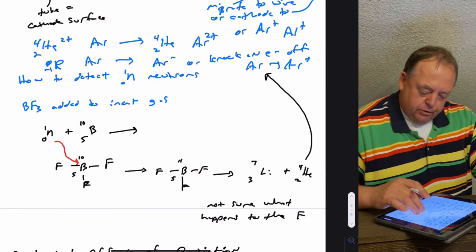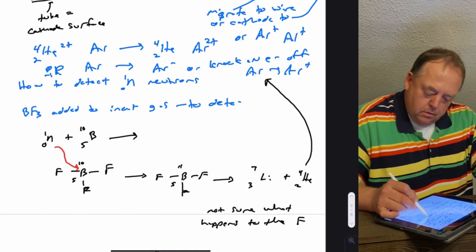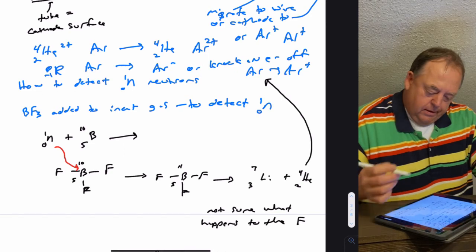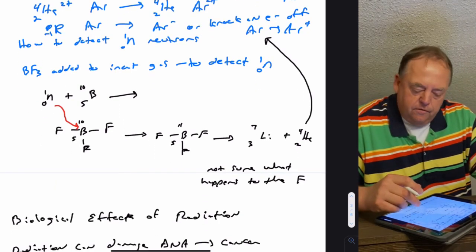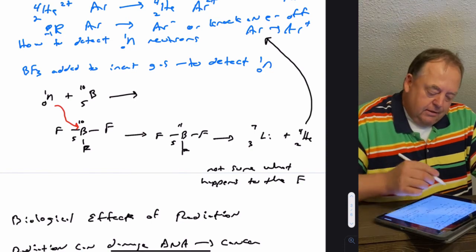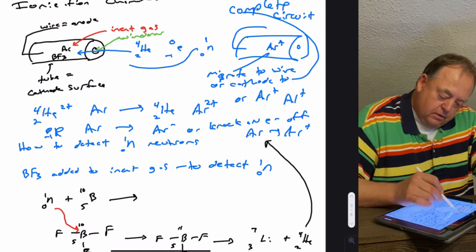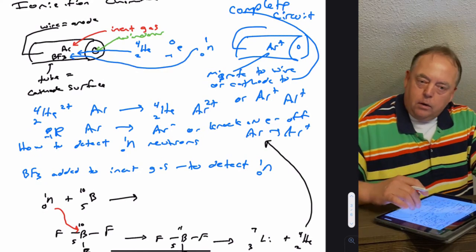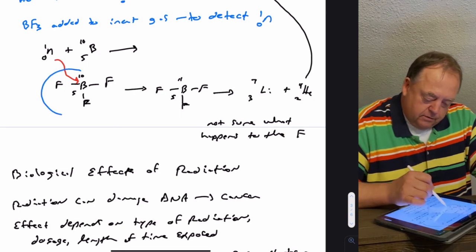So how do you detect neutrons? So BF3 is added. So boron has a very high efficiency for fusing with neutrons. So if a neutron comes in to the ionization chamber and hits a boron atom, so BF3 would look like this, of course.